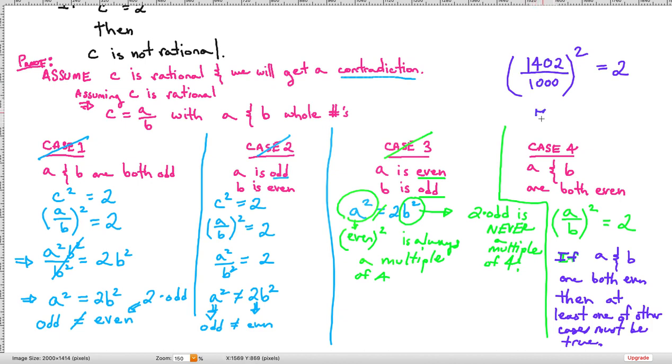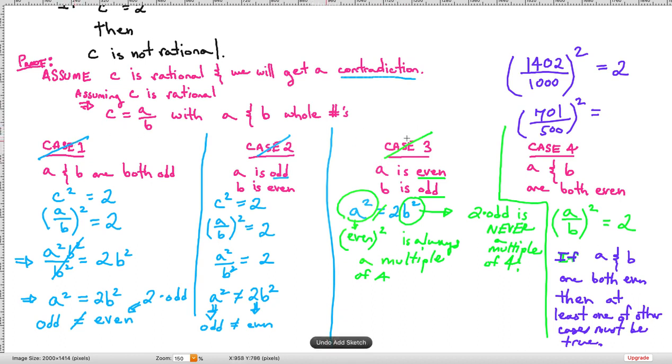So this would be 701 over 500. And now, if this is true, then this for sure should be true. And it will reduce into one of the other 3 cases. And that's always true for any 2 even numbers. If they're both even, then I can reduce it, and one of the other 3 cases must be true.